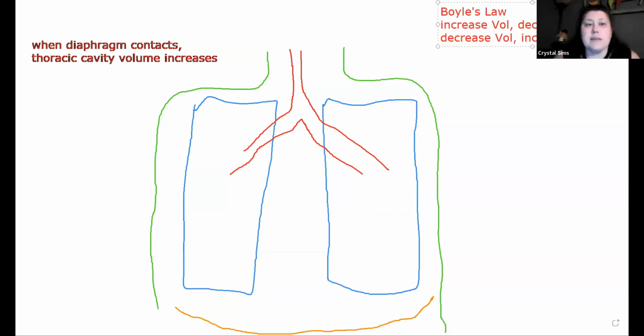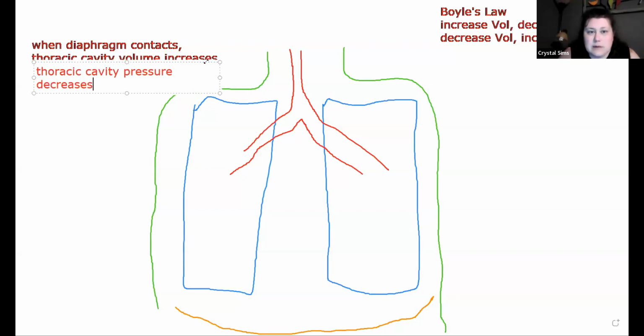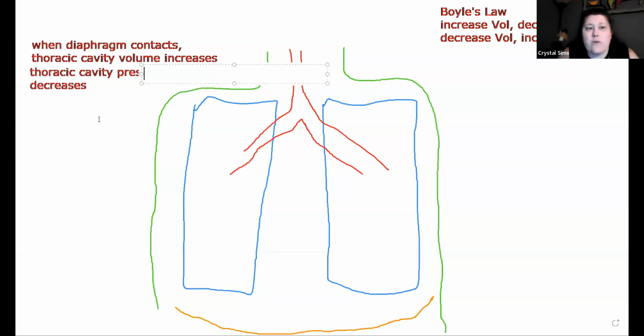All right, so what has happened? We've increased the volume. Okay, so now thoracic cavity pressure decreases. Okay, so with that increase in the volume, we are now decreasing pressure.